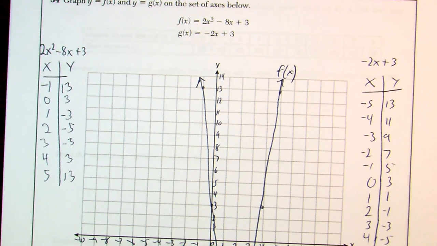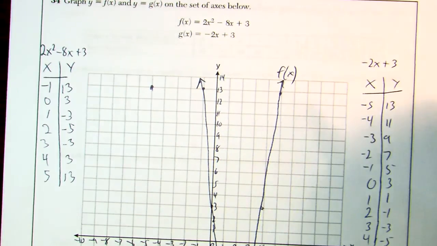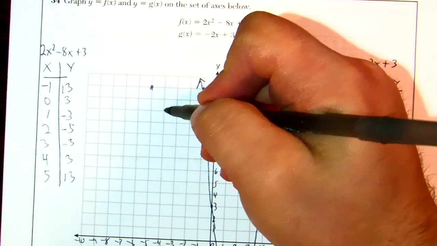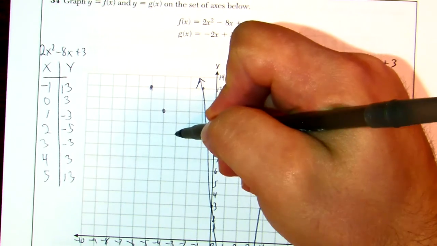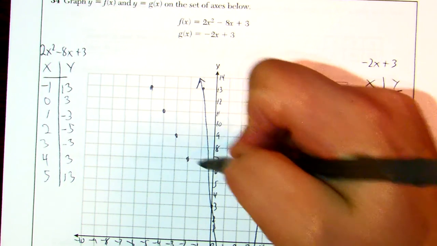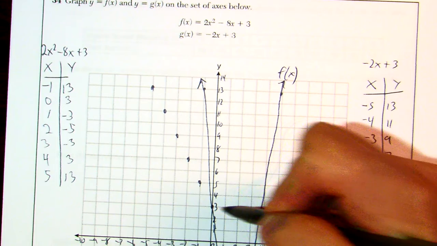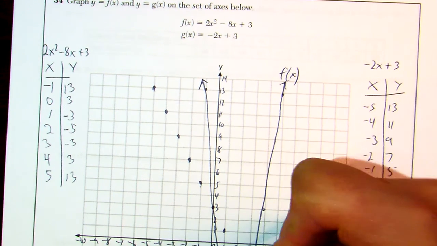Okay, our g of x, negative 5, 13, negative 4, 11, negative 3, 9. So you can see this is a straight line. And you want to go all the way through the graph.